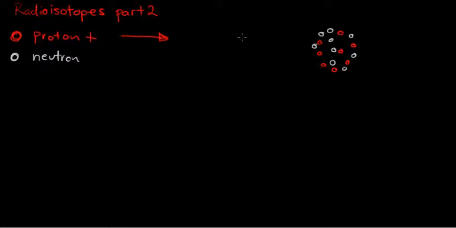And the closer the proton gets, the greater force that it experiences. So a little force here, and then the force gets bigger as it gets closer, and that's by the inverse square law, of course.